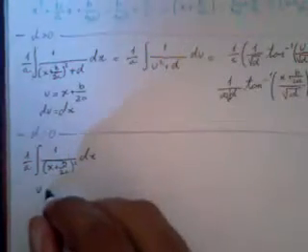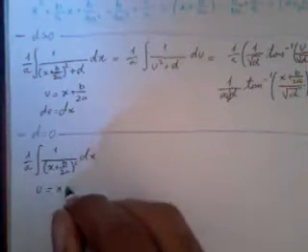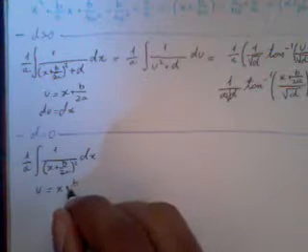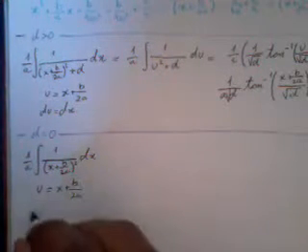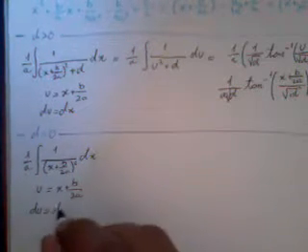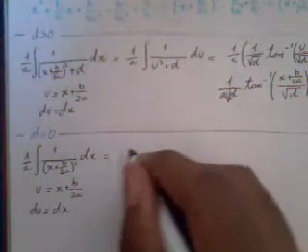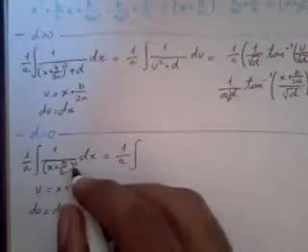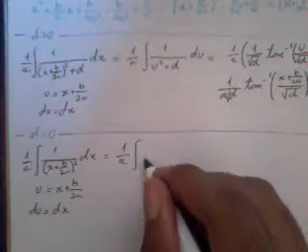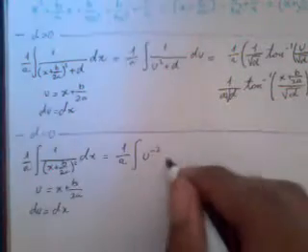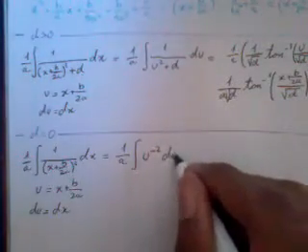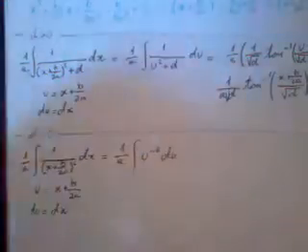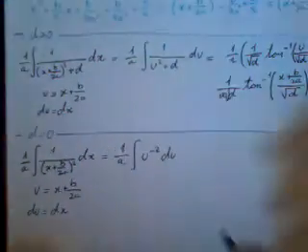This is, well, a u substitution. u is equal to x plus b over 2a, du is equal to dx again. So it's just 1 over a times the integral of u to the minus 2 du, to make the process a little bit easier.